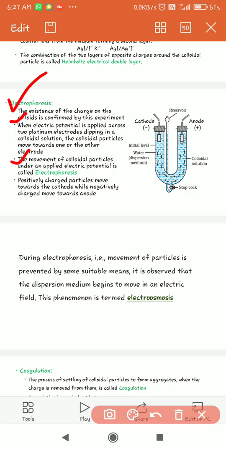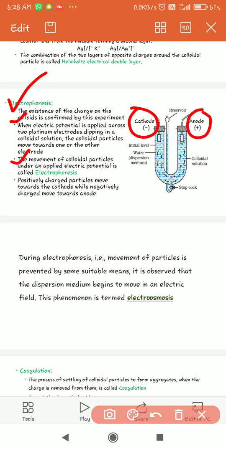There are two electrodes, a cathode and an anode, two platinum electrodes dipping in a U-shaped tube, and inside it a colloidal solution is taken.